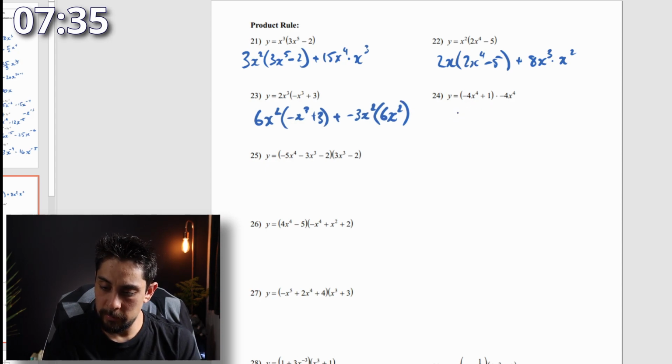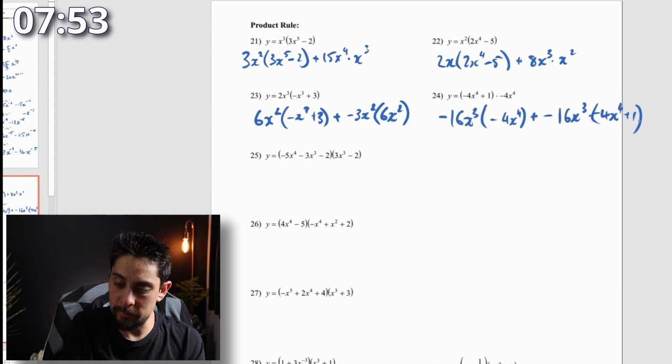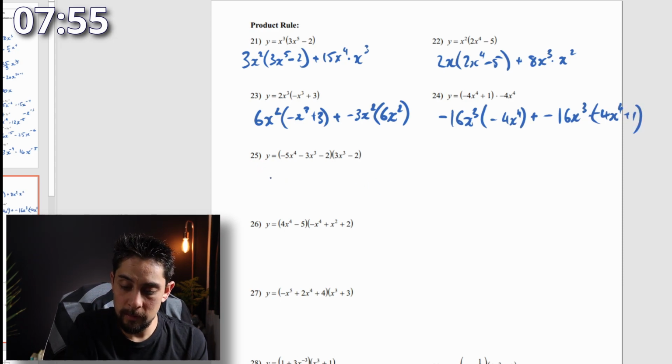Okay, the first one is negative 16x^3 multiplied by negative 4x^4 plus 1. I'm sure that simplifies nicely. It looks like it does.